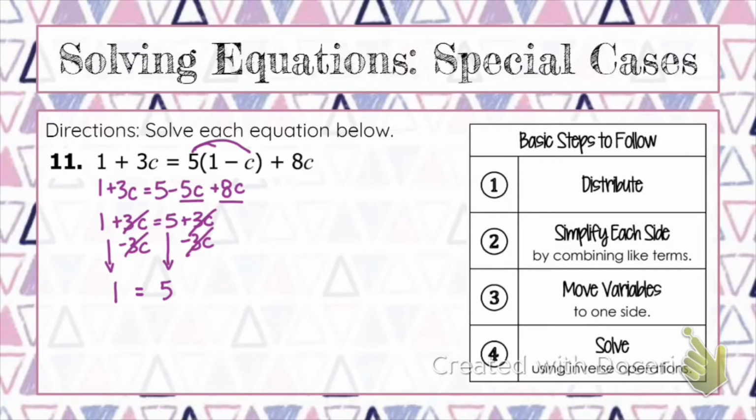So in the case where all your variables disappear, you'll get to something that looks like this. And you have to ask yourself, is this true? If it is true, then the answer is all real numbers.